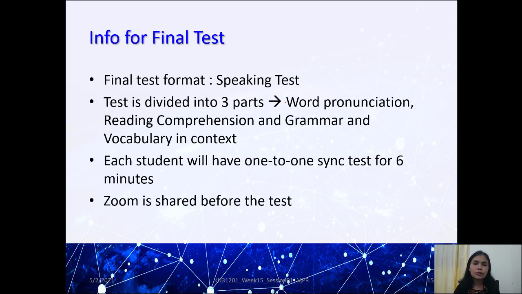Each student will have a synchronous test with me. It will be a one-to-one synchronous test, and each student will be allocated 6 minutes for this final test. The Zoom link will be shared before the test. The schedule for the final test is based on what is released by the academic office. So everyone, I want you to be ready for this final test.